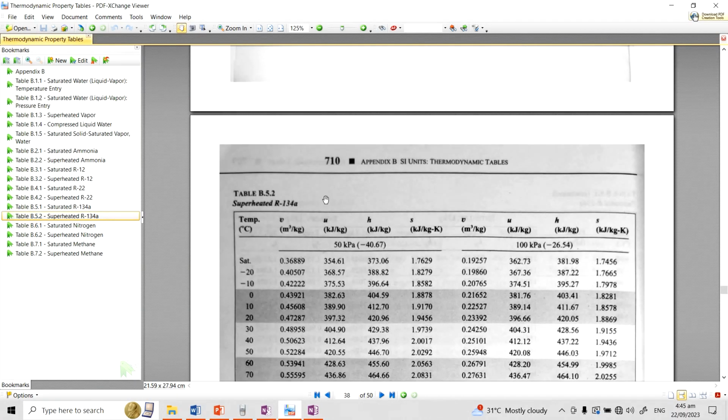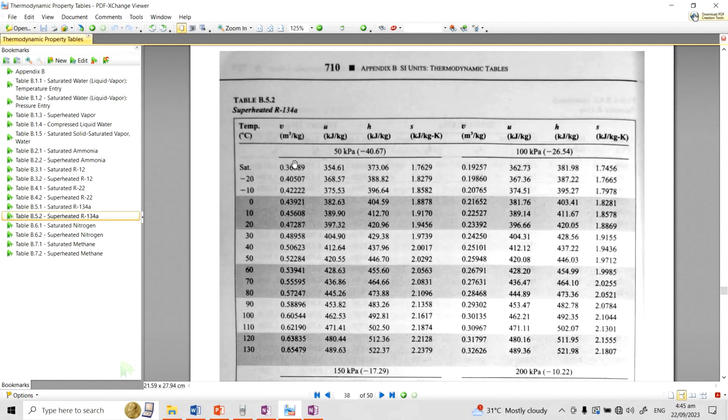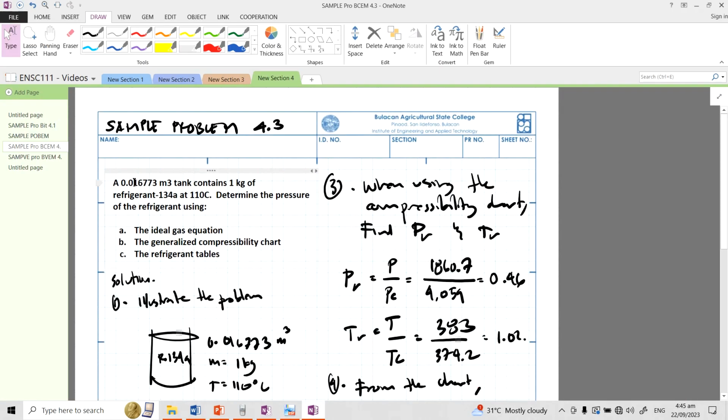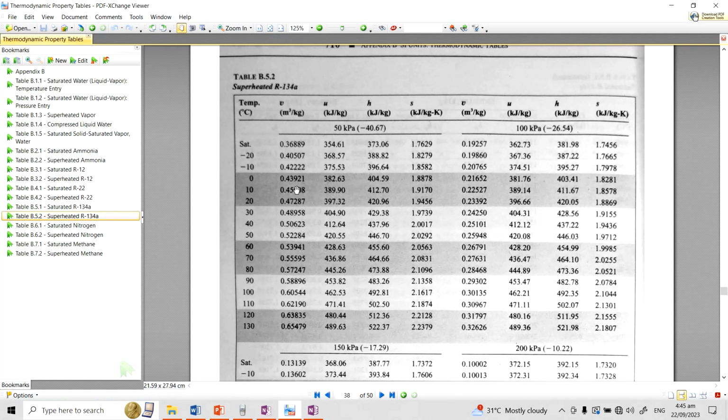At this pressure, what is the specific volume? Is it 0.016773? If not, then we need to jump to the next pressure.